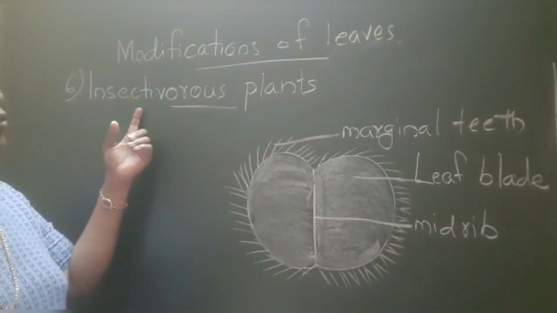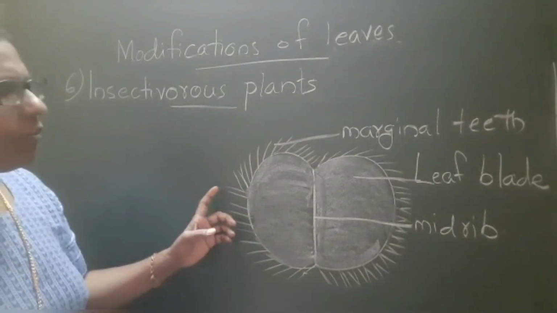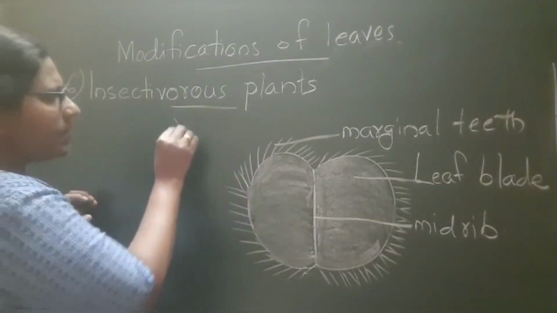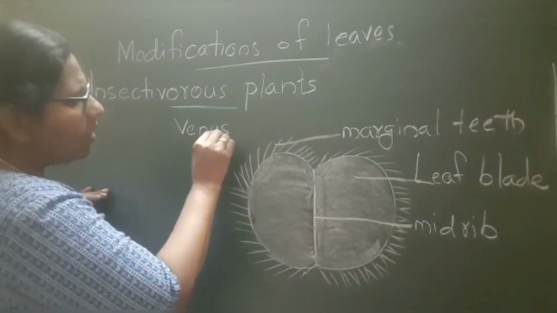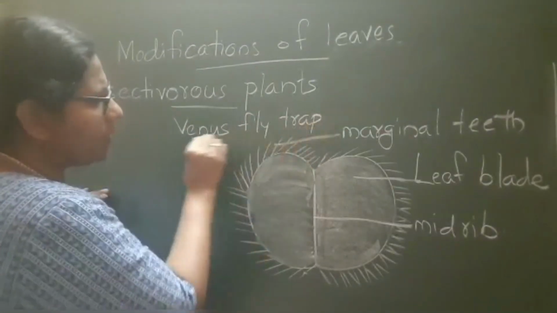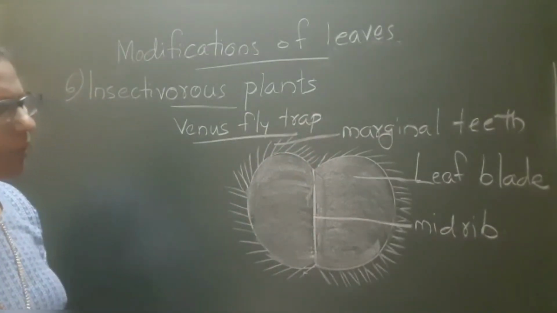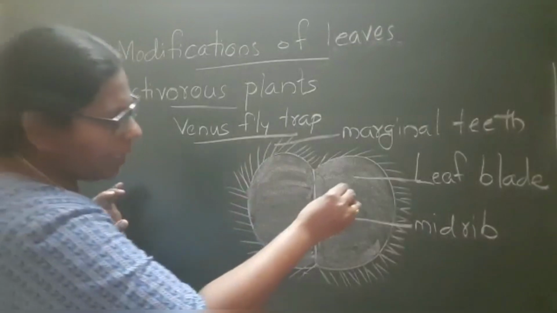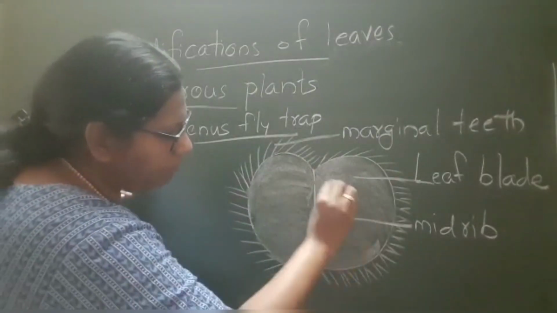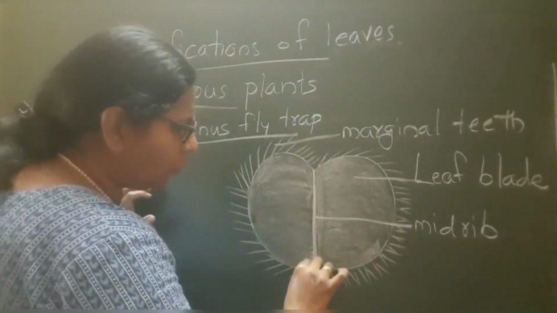Under insectivorous, the third one is the Venus flytrap. Okay, this is how it looks. See, this part is the leaf blade. This leaf blade is divided into two parts.